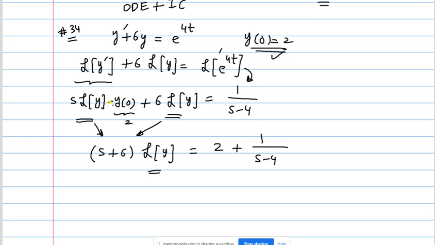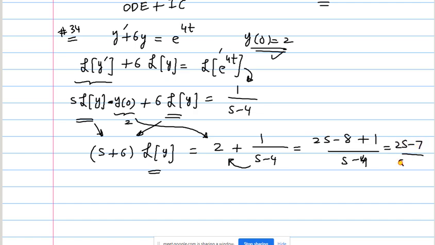Now I can simplify, I can take the LCM, so it will become 2s minus 8 plus 1 divided by s minus 4. When you take LCM, you multiply it here. So 2s minus 8 plus 1, divided by s minus 4, which becomes 2s minus 7 by s minus 4.